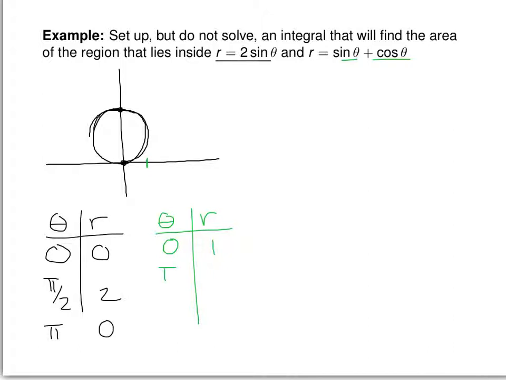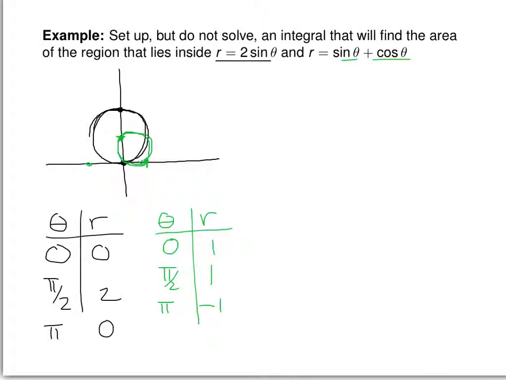If theta is pi over 2, once again, the r is 1. So we go here. Now when theta is pi, the radius is -1. So that's going to take this point and reflect it back onto that point. So we're actually going to have something sort of like this.